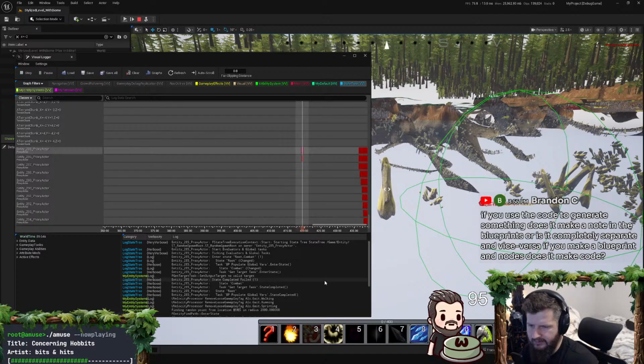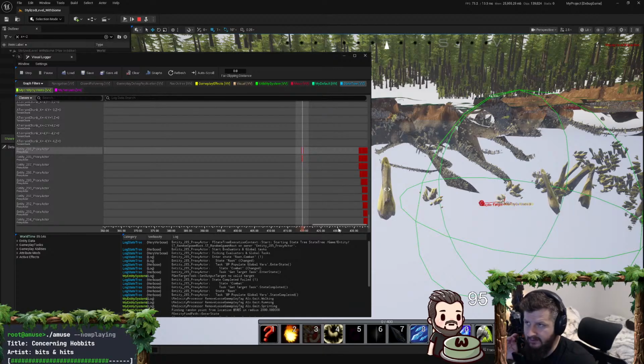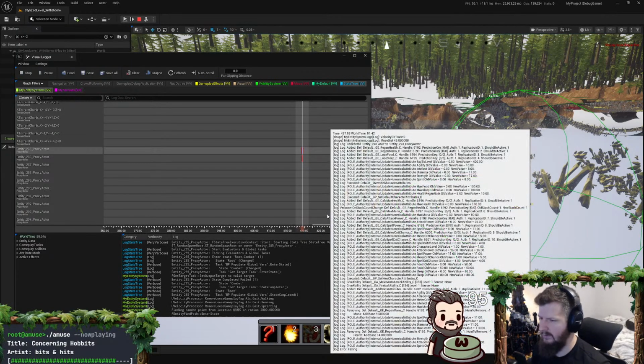If you use the code to generate something, does it make a note in the blueprints, or is it completely separate, and vice versa? If you make a blueprint and nodes, does it make code? So it only goes from C++, which is the underlying engine. That is the game engine, and that's what creates blueprint nodes. There is a reflection system they built on top of C++ that allows you to specify whether you want certain functions or variables to show up in blueprints.